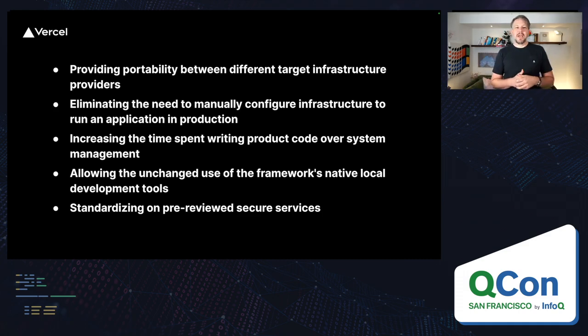We want to increase the time spent writing product code over system management. We want to just use whatever our framework gives you for local development. And finally, as a security team, we want to know what's going on in production. So we love that there's a system that only allows folks to do what the system actually does, and doesn't have an easy way of bypassing it and folks deploying whatever they want to production.